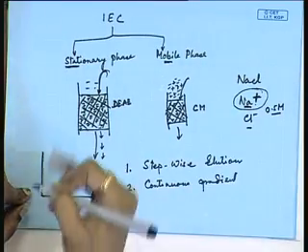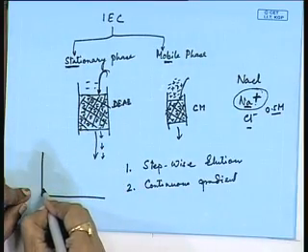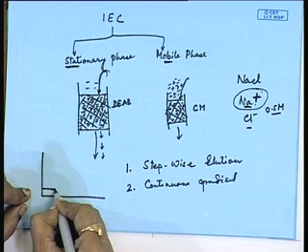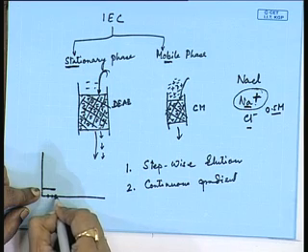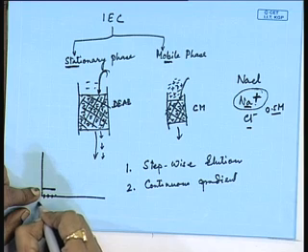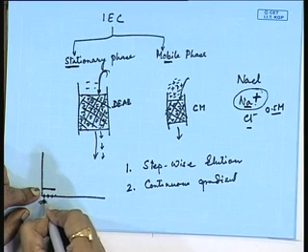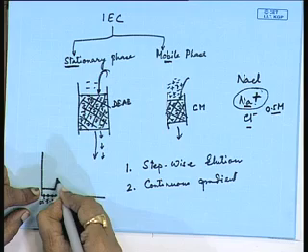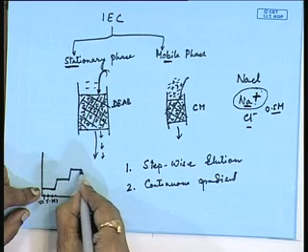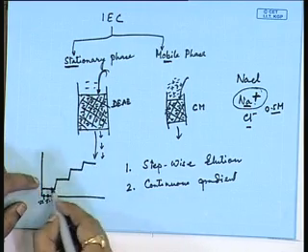So, initially we will start with 0.1 molar NaCl. In a 1 ml fraction, suppose we are taking 0.25, 0.5, 0.75 and 1 ml, and in this way we go for the separation.